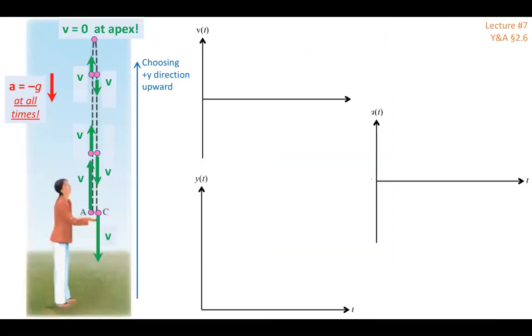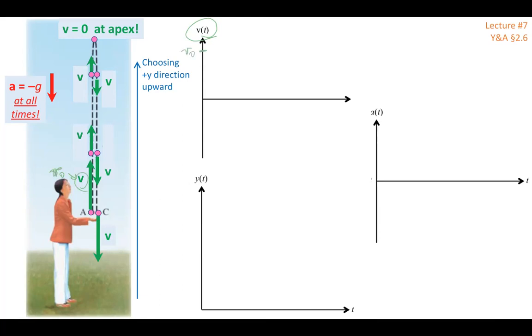Let's try graphing this just to take this qualitative description and make it a little more concrete. So let's start with the velocity graph right here. And we can just see qualitatively, let's call the initial velocity of the object at the moment it's thrown, so right after the ball leaves the person's hand, we'll call that v naught, okay?